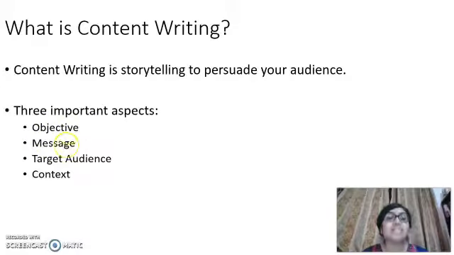The second thing is message, which is based on your objective. And the third concept is the target audience. Your message has to be defined. First and foremost, you have to always ask who your target audience is, and only based on that you need to write. If you're writing for college students, your language, your style, your lingo will be different.